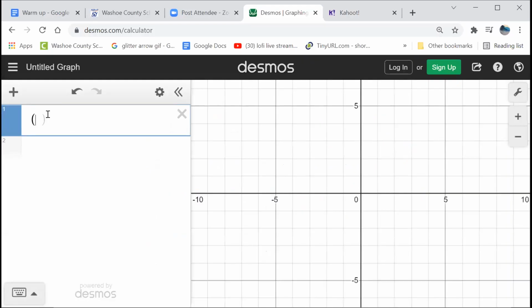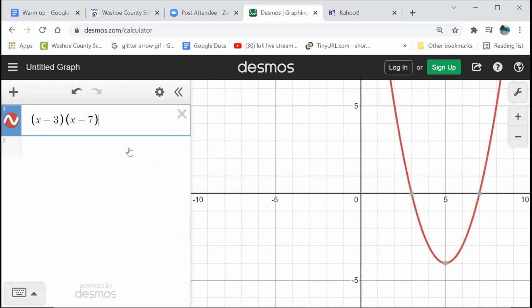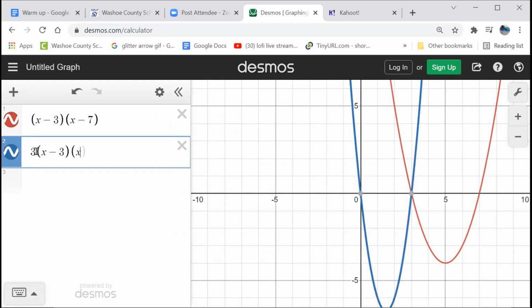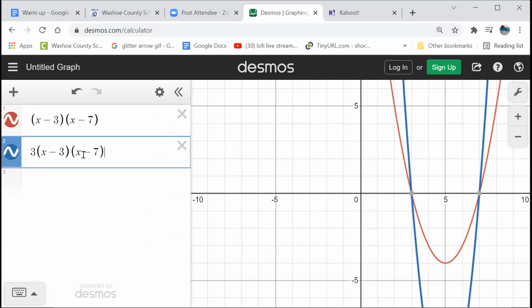I'm just going to do x minus 3 and x minus 7. Do you see your graph right there in red? Now, on the other hand, if I do 3 times x minus 3 and x minus 7, what do you notice is the difference between the green or blue graph and the red graph? Isn't it a little bit skinnier? So if you have a number in the front, your graph is going to be skinnier or more narrow.